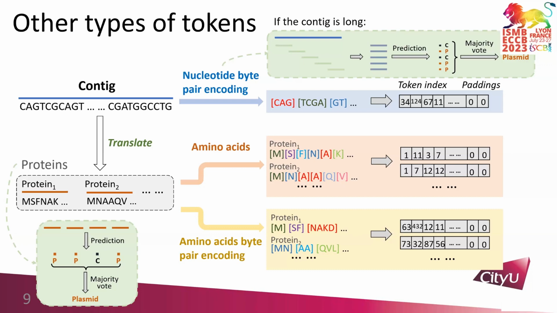Also, for the proteins, because one contig may contain multiple proteins, we need to predict the origin of the proteins and use the majority vote to say if the contig is from a plasmid or not.